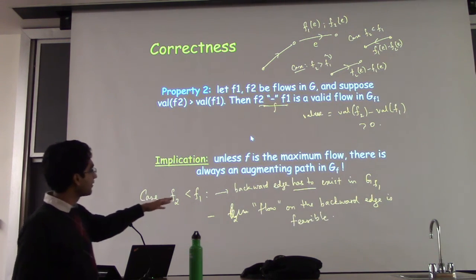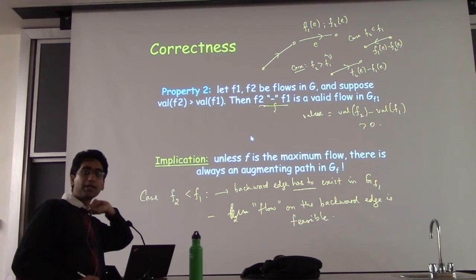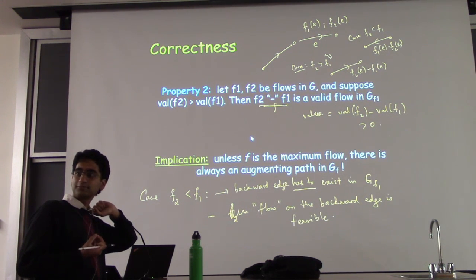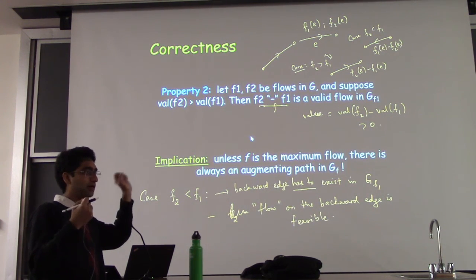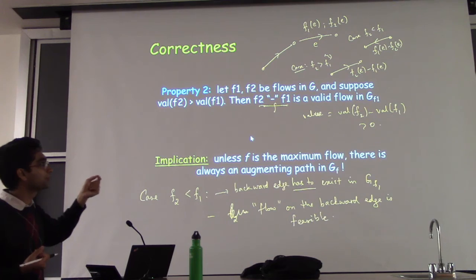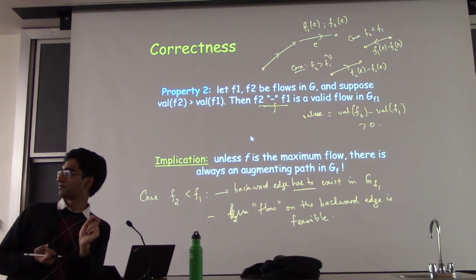Note that when I'm talking about feasibility here, I am skipping flow conservation. The reason is that it's trivial: if f1 and f2 both satisfy flow conservation, then f2 minus f1 will satisfy flow conservation.